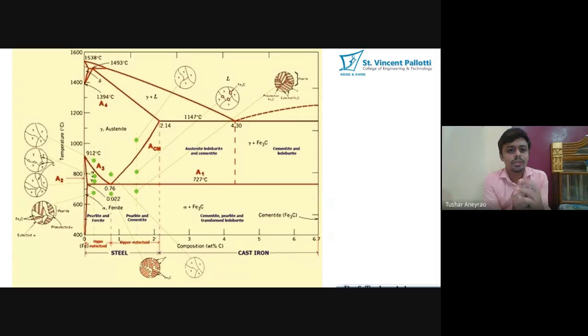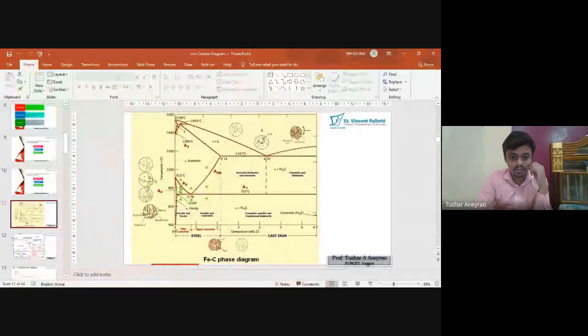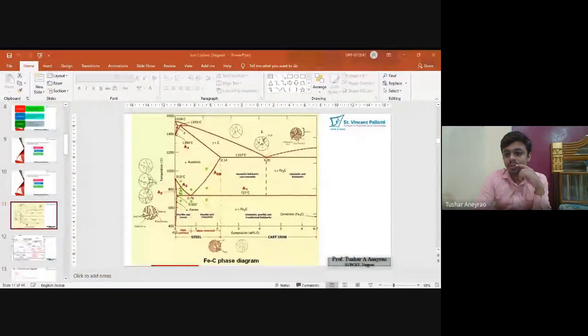So this diagram is going to be correct. But there should be a question in your mind: how is austenite present beyond 2.14%, and how is cementite present with a carbon percentage less than 6.67%, right? If any answers are there, I will be happy to hear them.